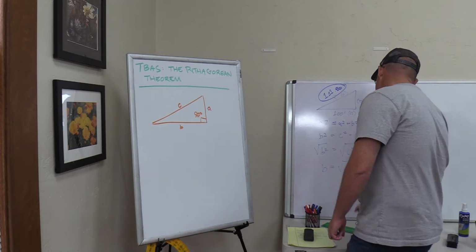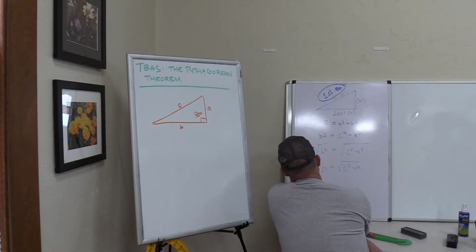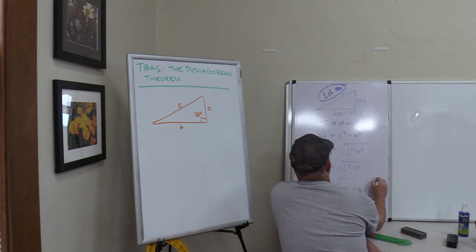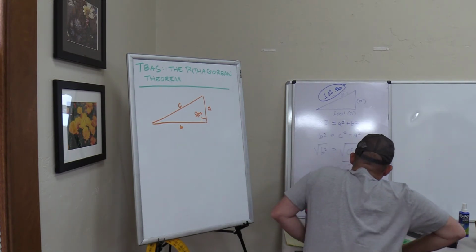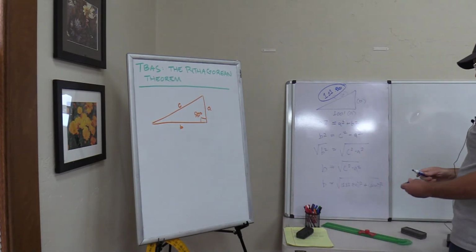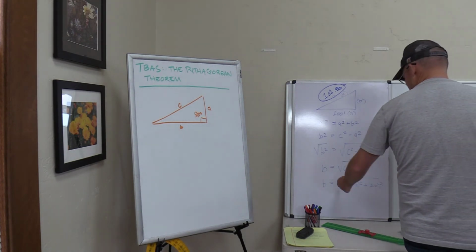Okay, let's do that math. So we're going to get side b is equal to the square root of 111.80 squared plus 100 squared. So we'll do that math. We're going to square these two, add them together, take the square root of that.